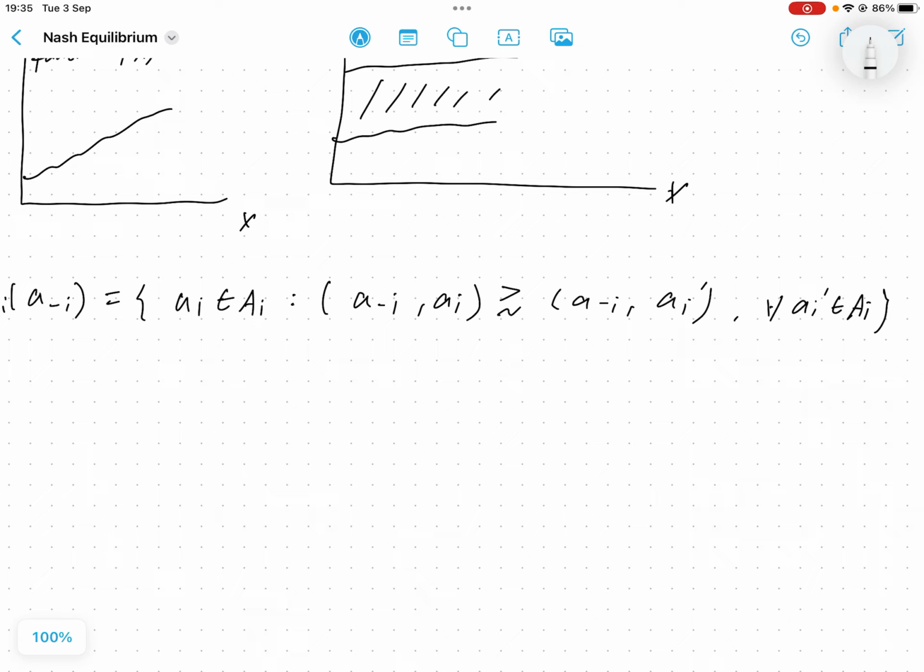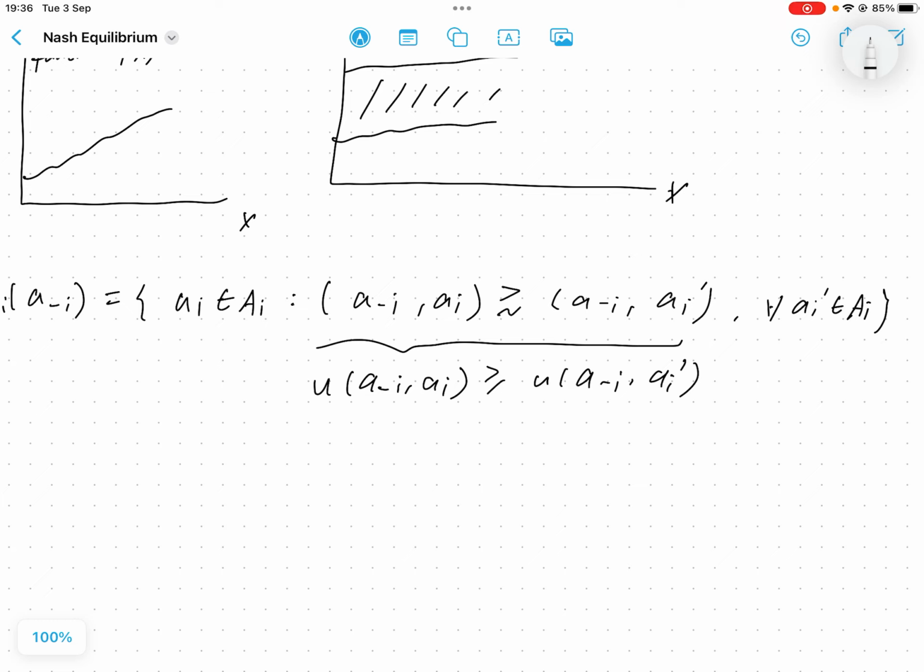That's very straightforward, right? Because player i is playing his or her best response given the other players' actions a minus i. So this is giving the highest utility, or the most preferred action or outcome. In terms of utilities, we can define this with u: u_i(a minus i, a_i) is greater than or equal to u_i(a minus i, a_i prime), for all a_i prime.